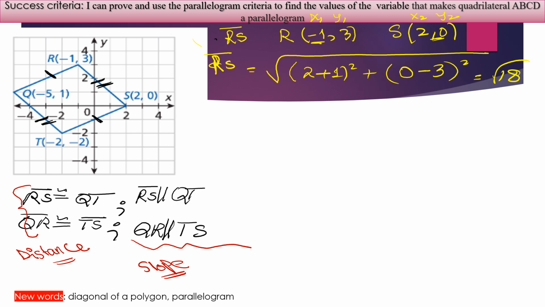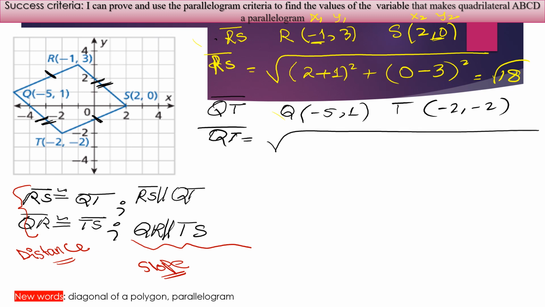RS is done. Now I have to find out QT. The coordinates of Q are negative 5 and 1, and the coordinates of T are negative 2 and negative 2. Use the distance formula. Again name them x1, y1 and x2, y2.